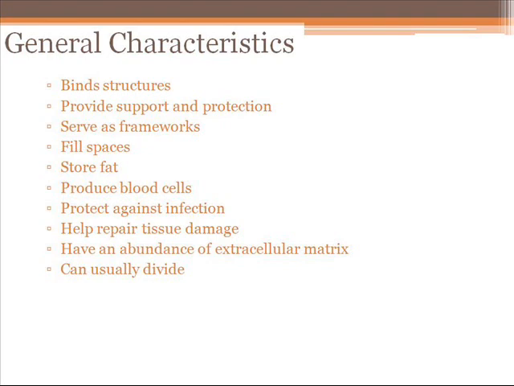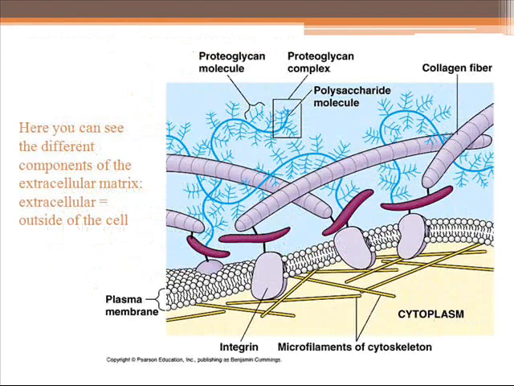Some of the general characteristics are that they bind structures, provide support and protection, serve as frameworks, fill spaces, store fat, produce blood cells, protect against infection, help repair tissue damage, have an abundance of extracellular matrix, and can usually divide. What sets connective tissue apart from, let's say, epithelial tissue is that connective tissue cells are set farther apart than epithelial tissue cells.